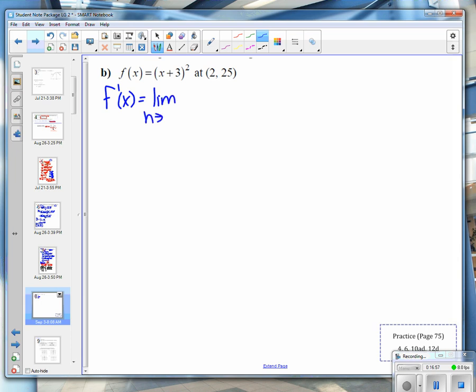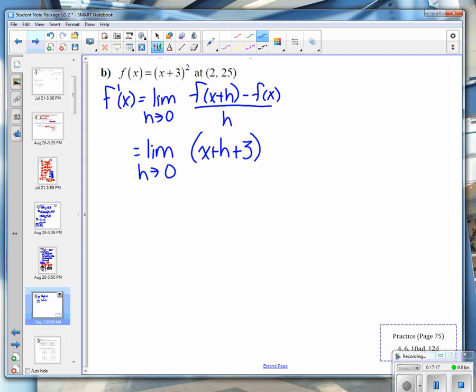The limit as h approaches 0, I've got f of x plus h minus f of x over h. Let's fill that in. So again, my function in terms of x plus h, so this is going to become x plus h plus 3 squared minus my function x plus 3 squared, all divided by h.